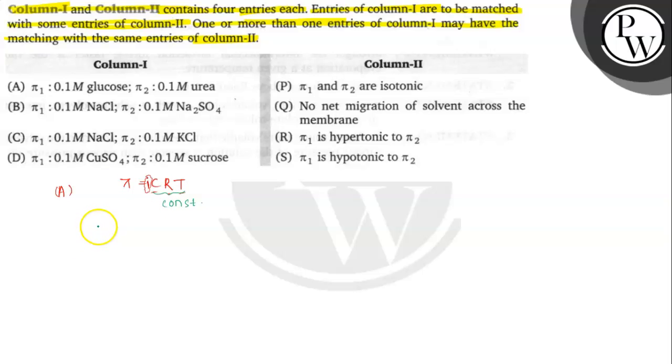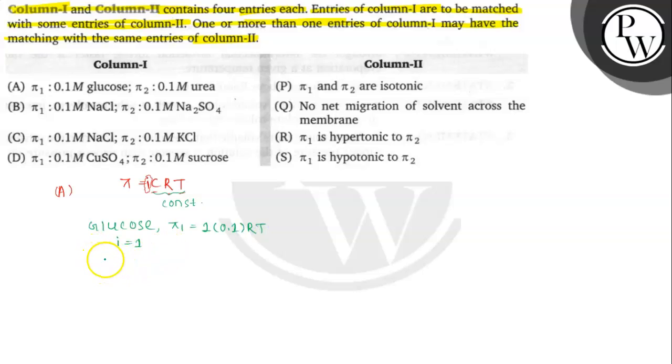So first in A, glucose, concentration same. For glucose the i value is 1 because it is a non-electrolyte. So pi 1 will be 1 into 0.1 RT.